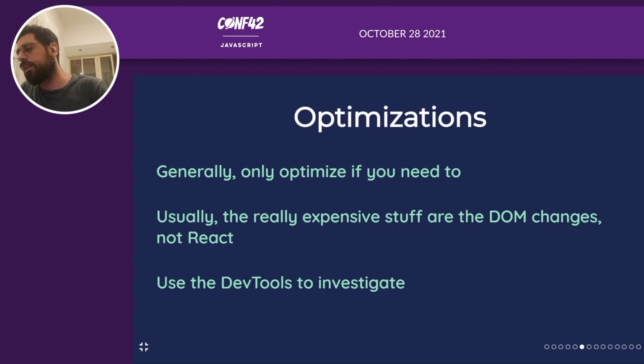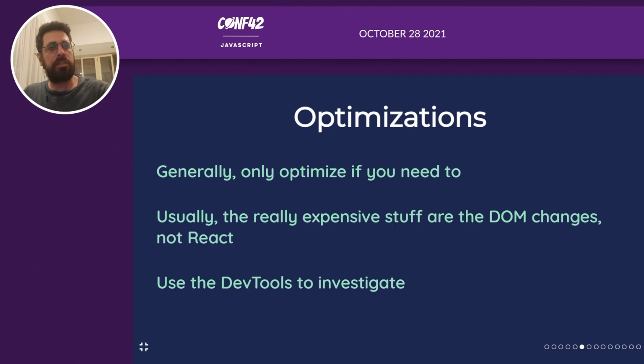So it's not React's fault, it's some other things that we do that cause the performance degradation. So we might want to make sure that we eliminated the other causes of performance degradation before we start optimizing React.